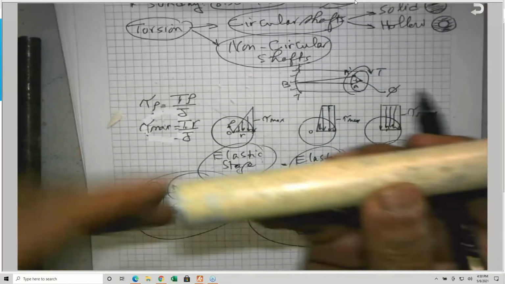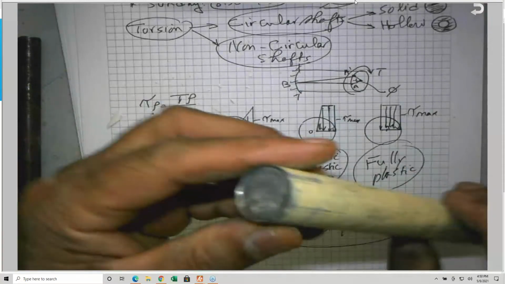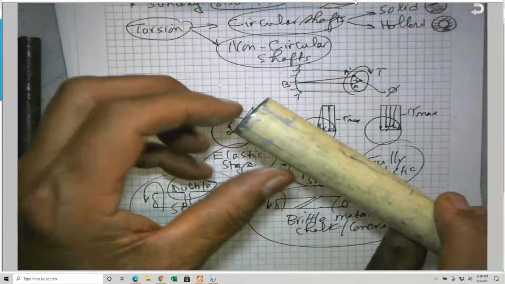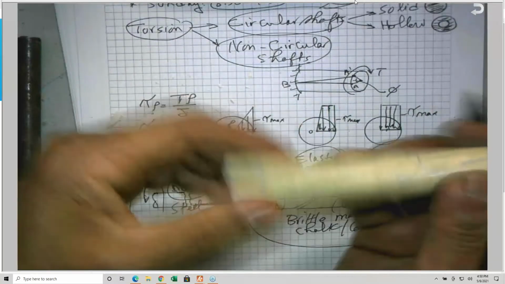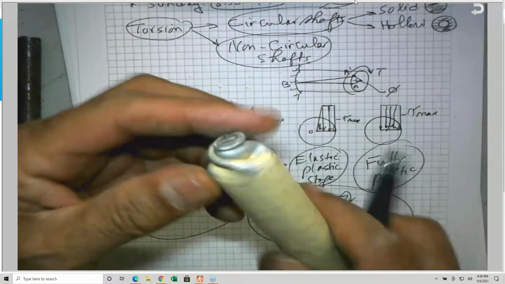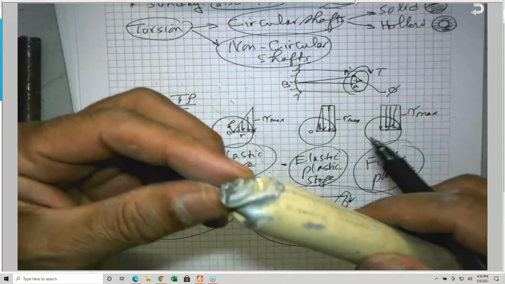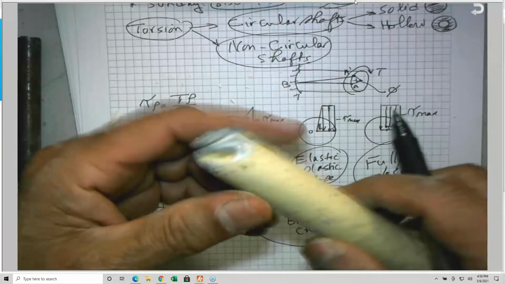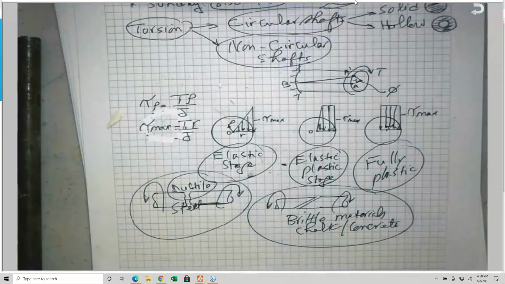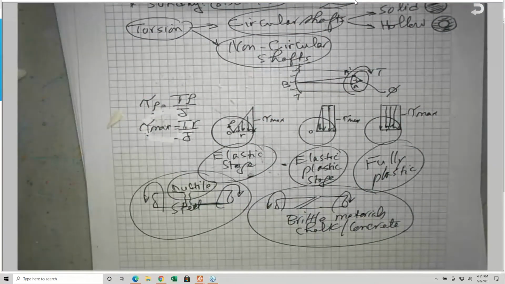This is a tube where we put some solid piece here, and this is where the machine is gripping it, and we twist it. As you can see, this is after the torsion has been applied and we reach failure. So I need you to be aware of these things. That is the stress causing failure here.